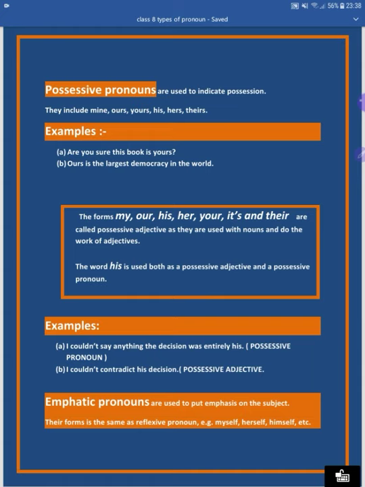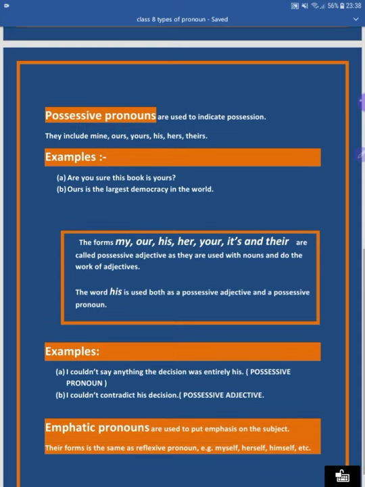Now, can you tell me what is the difference between the possessive pronoun in example A and example B? In the sentence 'I could not say anything, the decision was entirely his,' his is the possessive pronoun, but in 'I could not contradict his decision,' it is a possessive adjective. Why is this? Can you explain?